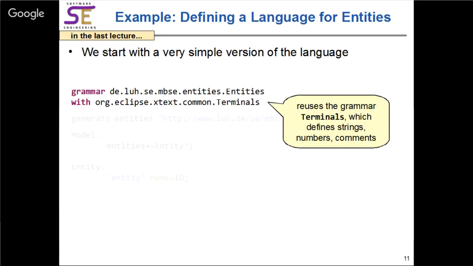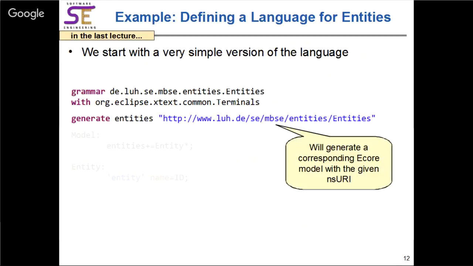And terminals, as we will see in a bit, allow you to define that some things in your language are just numbers or names. Now we say generate, and then we give a name and also a namespace, or a longer string here. And this says it will generate from the language definition file an eCore model.